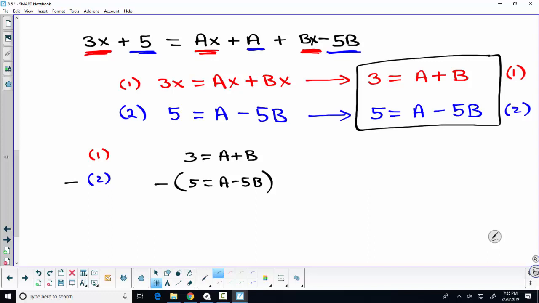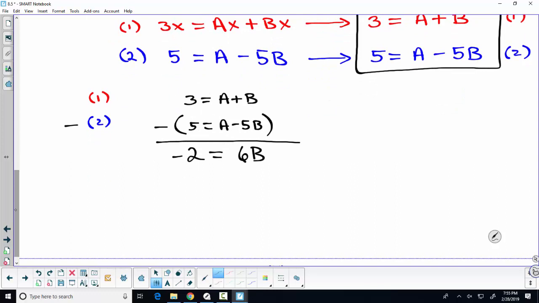So we have 3 minus 5, which gives us minus 2. A minus A is 0. We have B minus 5B, which is minus 4B. So that tells us that 6B is negative 2, which tells us that B is equal to negative 3.